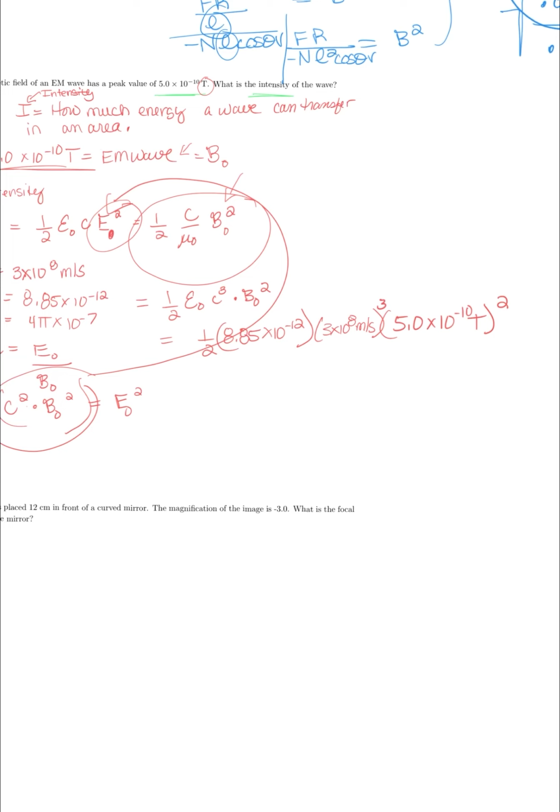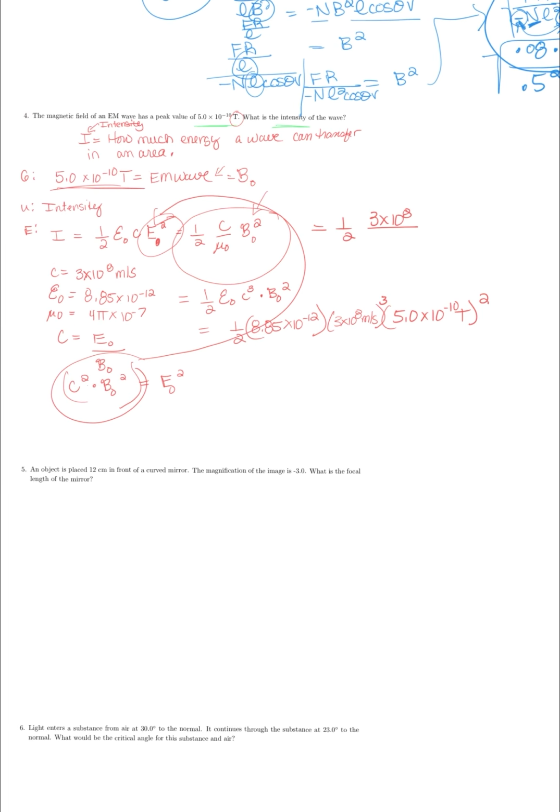You could put that in your calculator, and we could also put this one in, which would be 1/2 times 3 times 10 to the 8 over mu naught, which was 4 pi times 10 to the minus 7, times B squared.